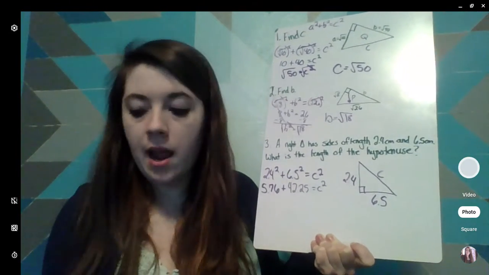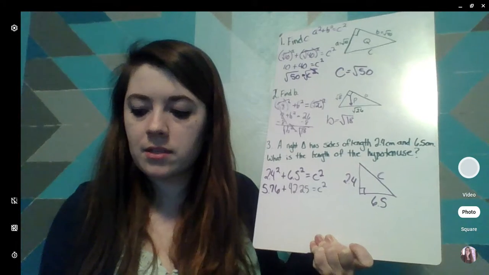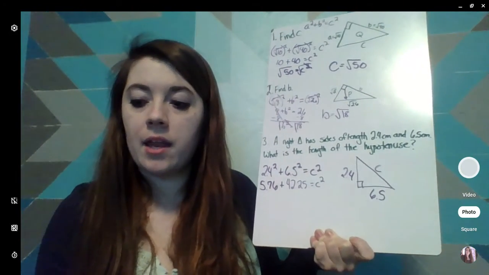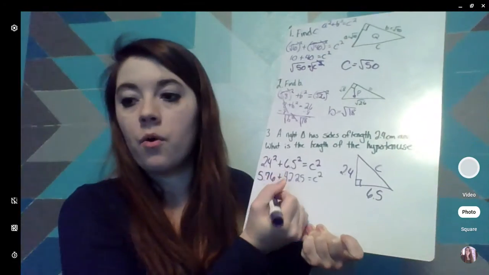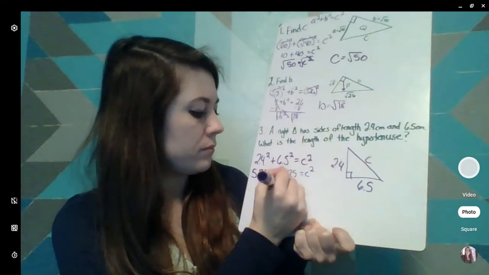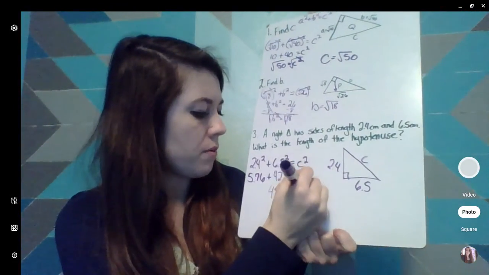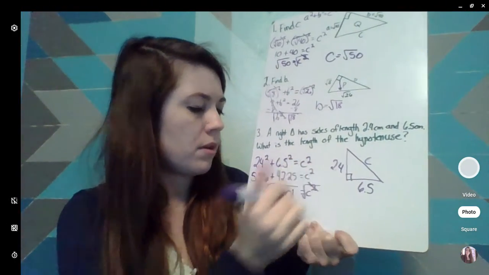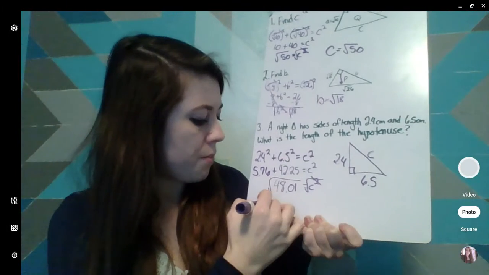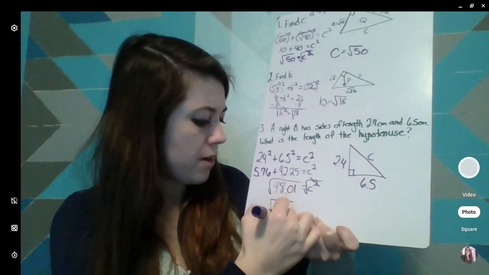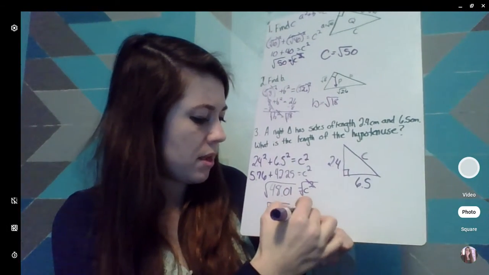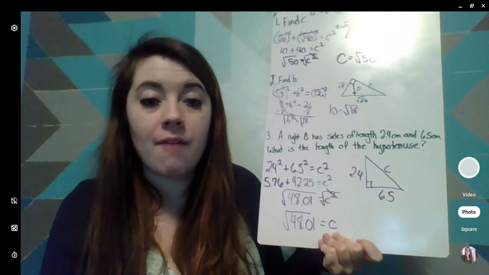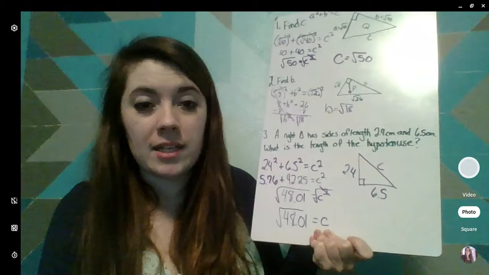So now we have to add the 5.76 plus the 42.25, and we get 48.01 equals c squared. We take the square root. That cancels out that, so we end up with the square root of 48.01 equals c.